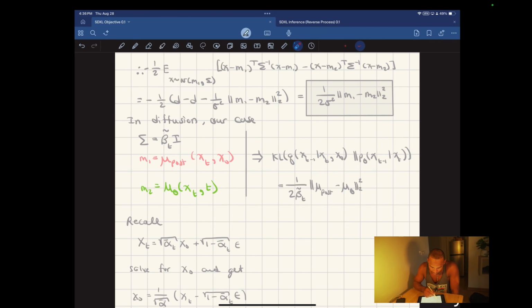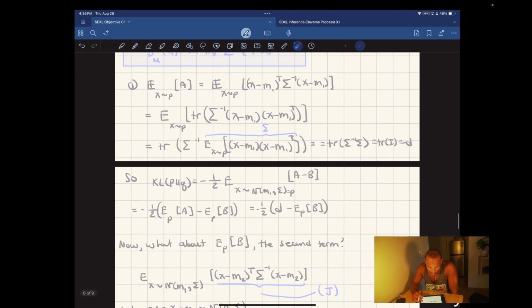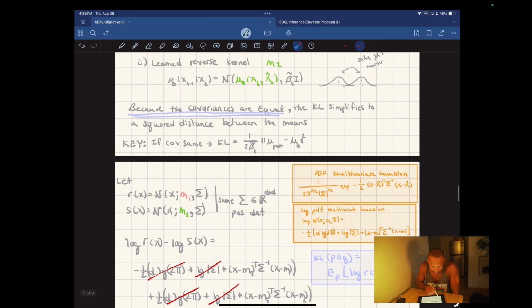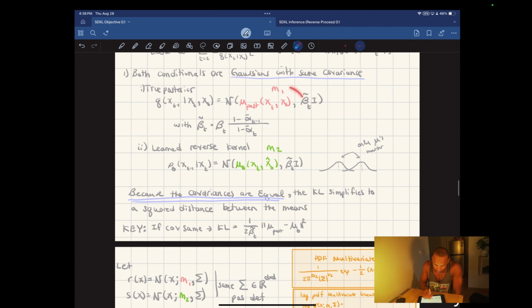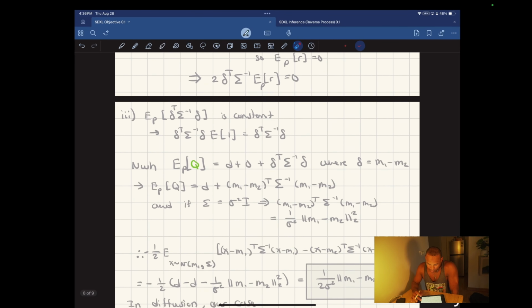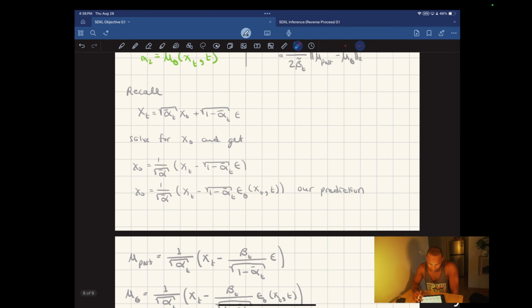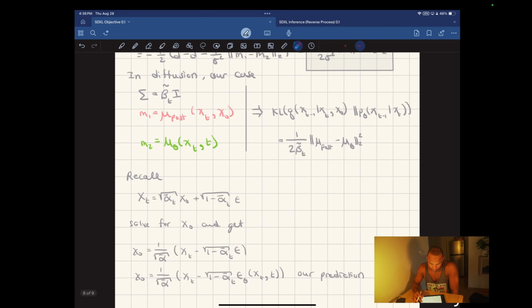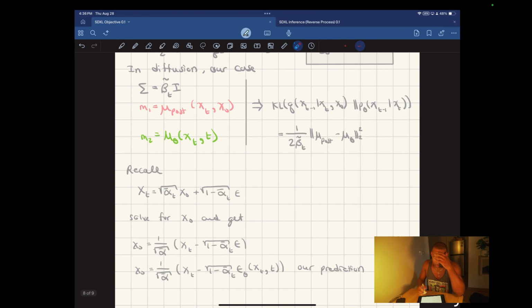So we know that our variance is beta tilde, and we know that our means are mu post and mu theta. We define that because we know the parameters of our distributions, right? We define that right here, okay?